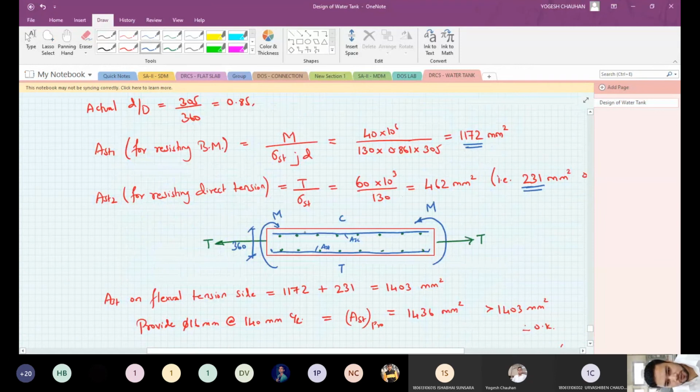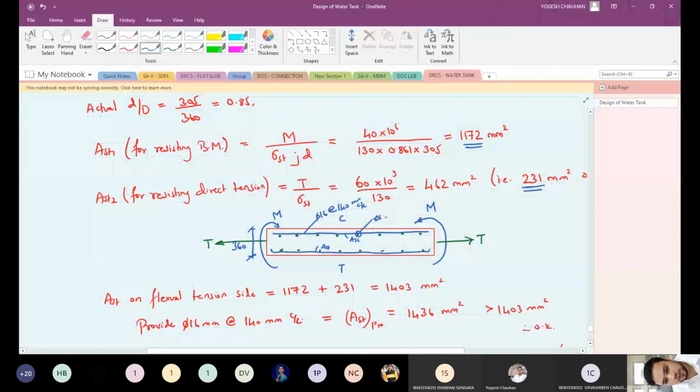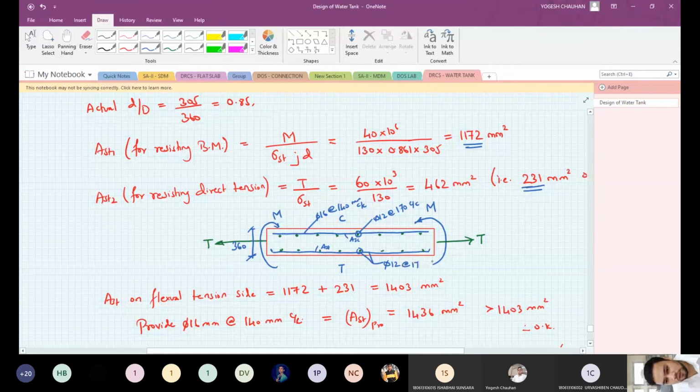So this is your 16 dia at 140 mm center to center, and this is 12 at the rate of 170 center to center, and this and this, they both are 12 at the rate of 170 center to center.